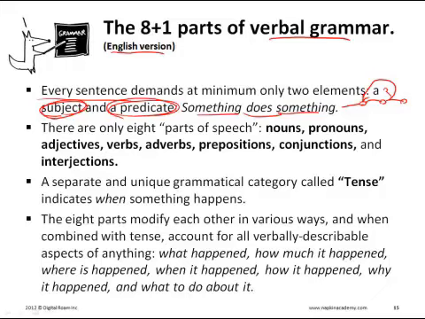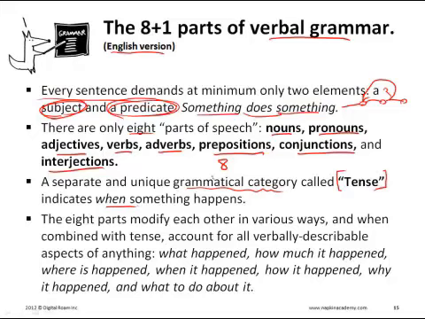There are only 8 parts of speech: nouns, pronouns, adjectives, verbs, adverbs, prepositions, conjunctions, and interjections. Those 8 pieces are all that we have, combined with this unique grammatical category called tense that indicates when something happens.